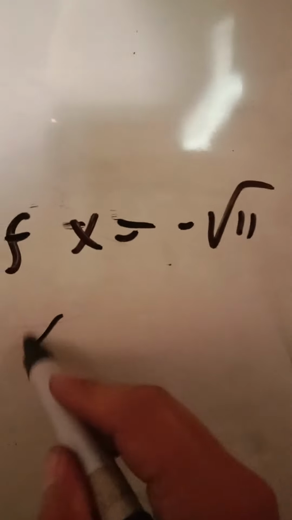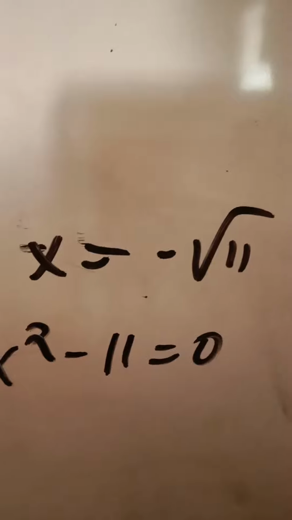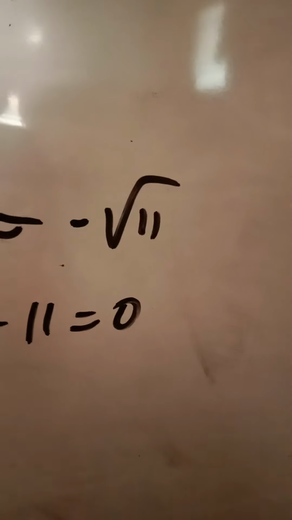How about if x is equal to negative square root of 11? So substitute the value of x, which is the negative square root of 11. x squared minus 11 is equal to 0.